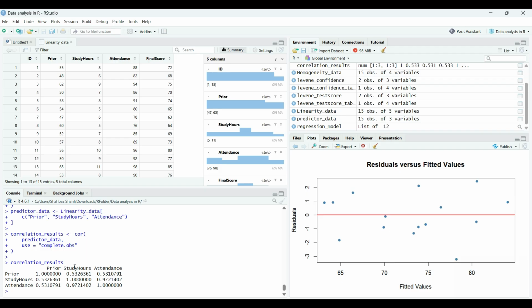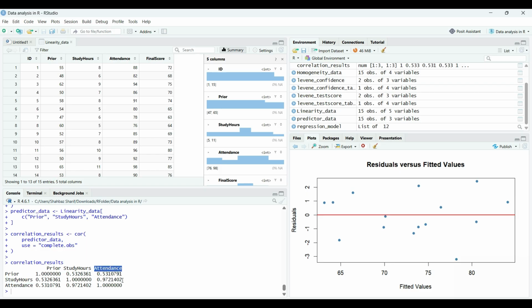there is a positive correlation between prior knowledge and study hours, and the correlation is less than 0.8. There is also a positive correlation between attendance and prior knowledge. So it means there is no multicollinearity issue between prior knowledge and study hours and attendance. However, there is a high correlation between study hours and attendance.